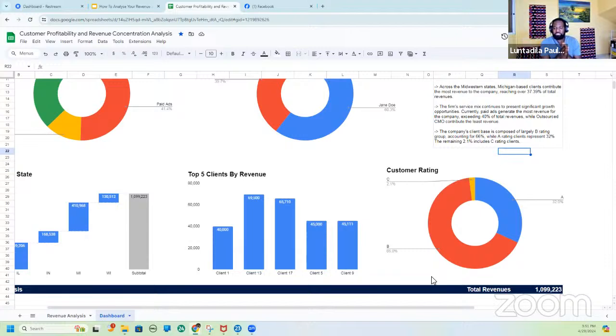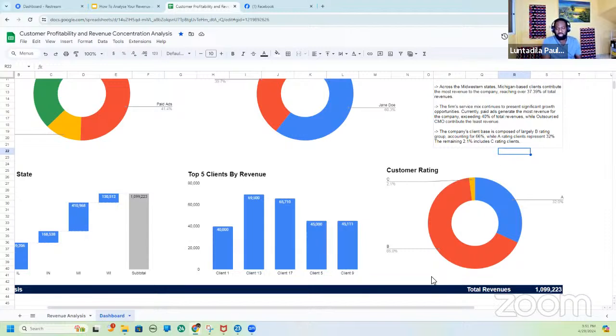So with this information, now we are actually ready to start making really critical decisions. Maybe we can approach the C-type client and maybe just let them go if they are not going to be willing to do the work to get them to at least B-type clients.